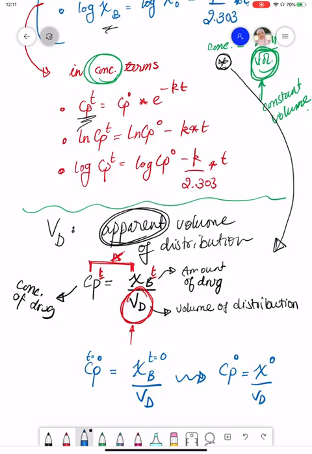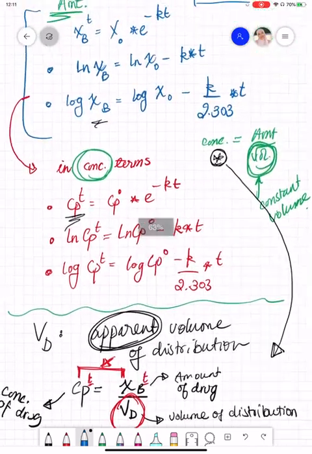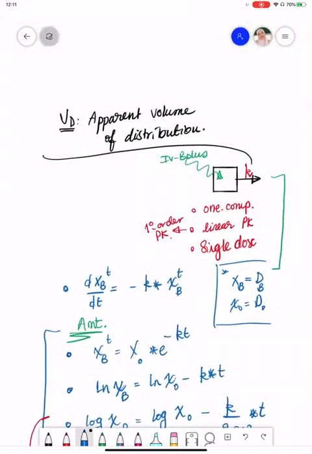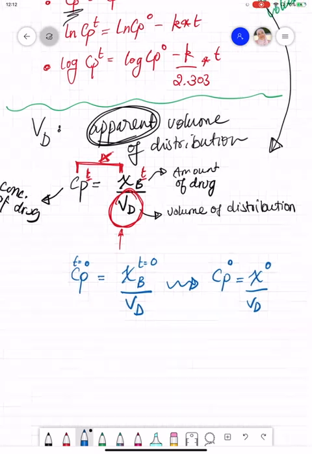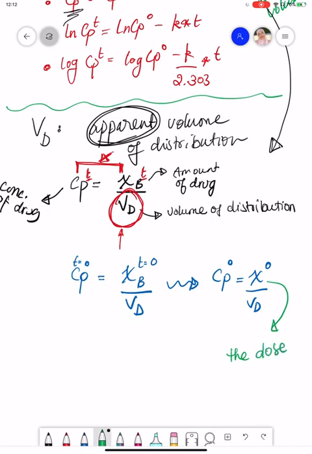As we are talking about IV bolus administration, and if we go back to our model drawing for the one compartment model, we know, because we are taking the drug as IV bolus, that the initial amount that we have is the dose that we are taking as IV bolus.